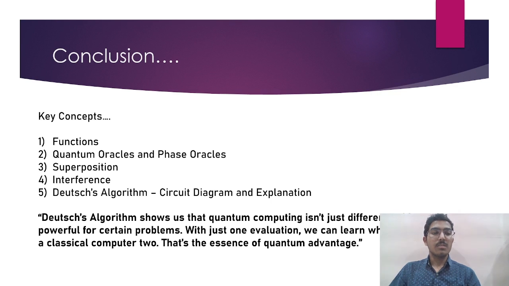The conclusion: here we learn some key concepts such as functions, quantum oracles and phase oracles, superposition, interference, the Deutsch algorithm, and circuit diagram, and a brief explanation. The Deutsch algorithm shows that quantum computing isn't just different, it's more powerful for certain problems. With just one evaluation, we can learn what would take a classical computer two. That's the essence of quantum advantage.